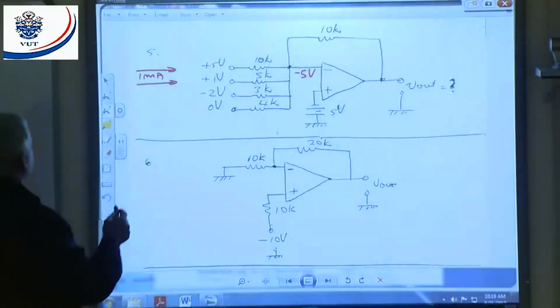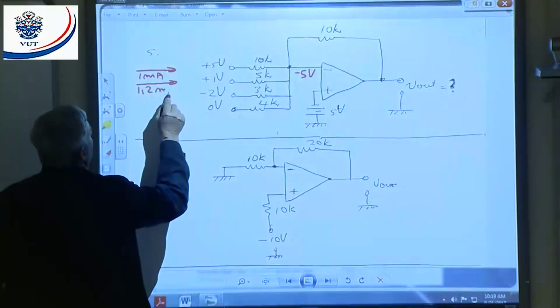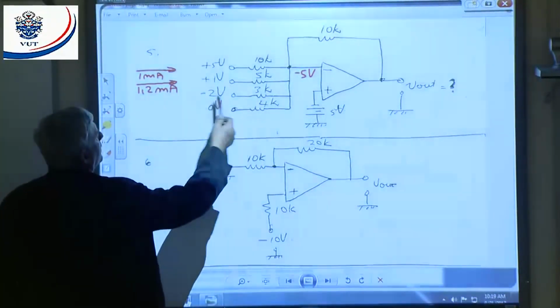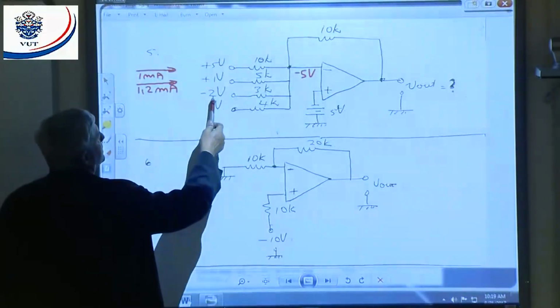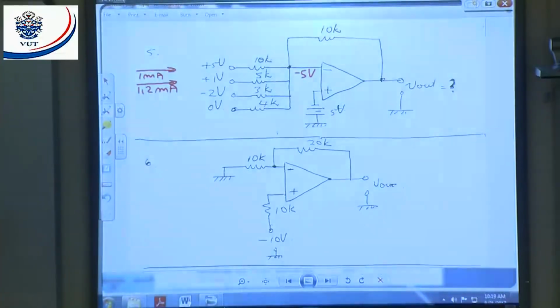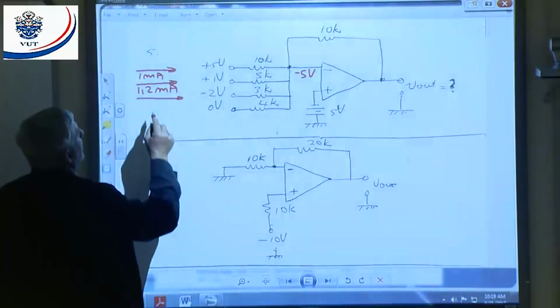That current is going to be 1.2 milliamps flowing inwards. Here I got 2 volts and 5 volts. That will give me 3 volts voltage difference because it's minus 2 and minus 5. The current will also flow inwards, and that will be 1 milliamp.